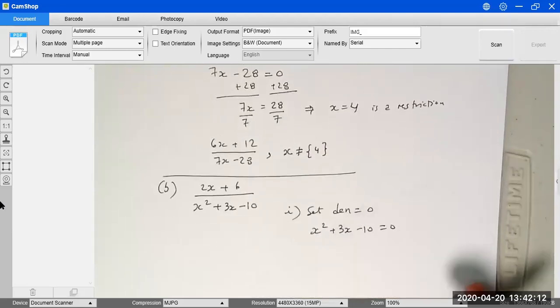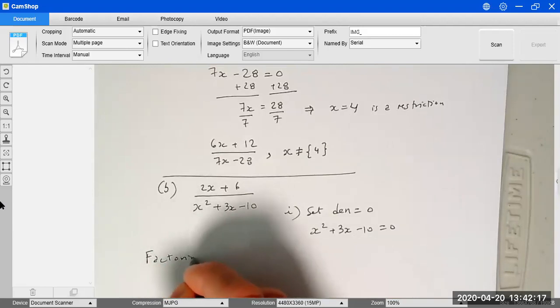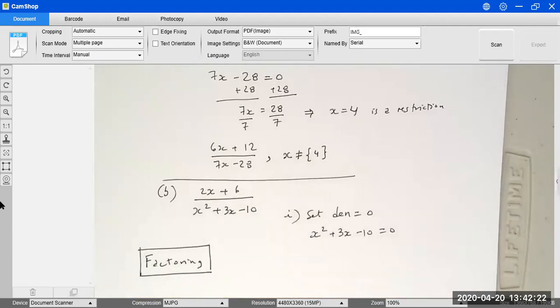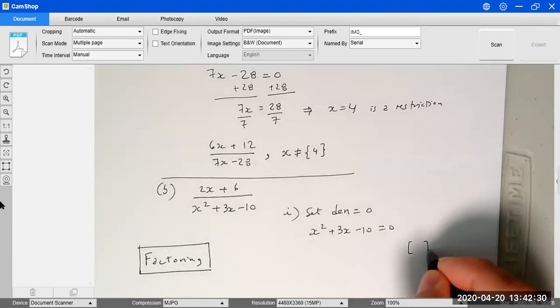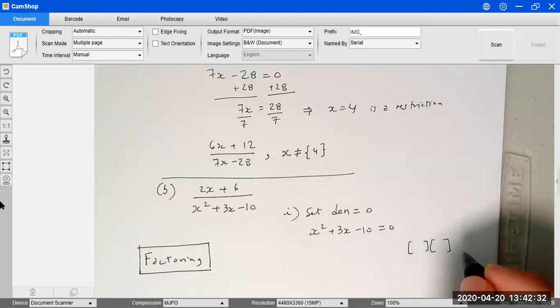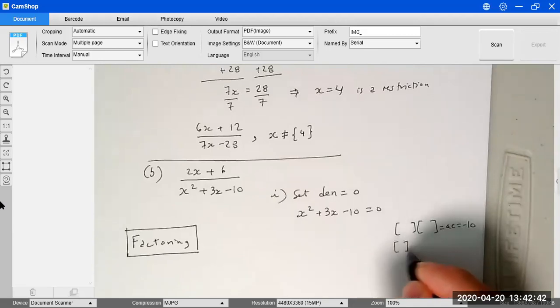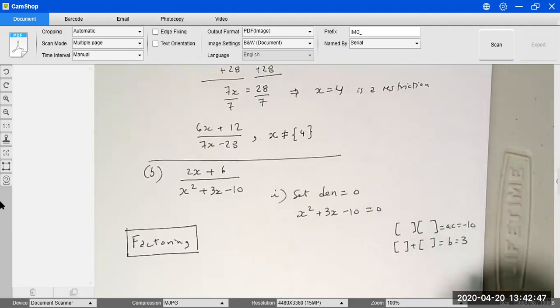And then we need to use our techniques to factor. We're going to do a lot of factoring. Factoring is going to be a key component for everything that we're going to work in this chapter about rational expressions. So we need to factor this. Remember, we need to look for two numbers such that if you multiply them, you get a times c, which is negative 10 in this case, and if you add them, you get the middle term, which is positive 3.